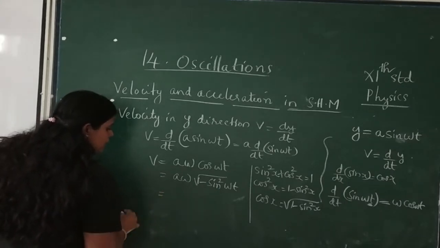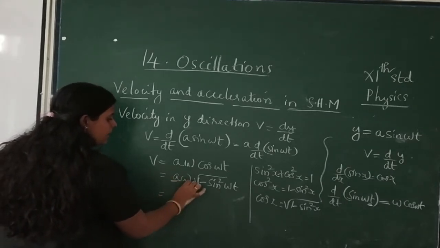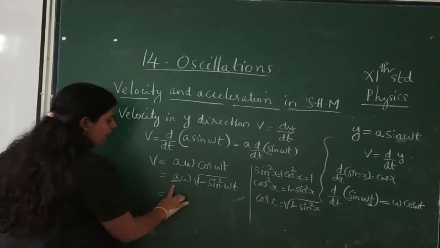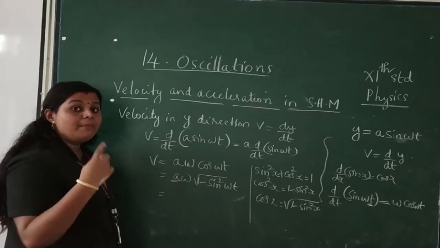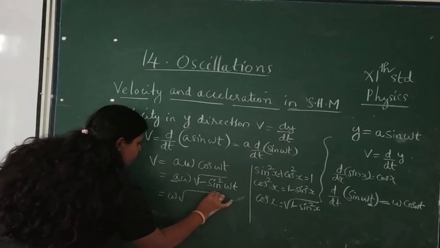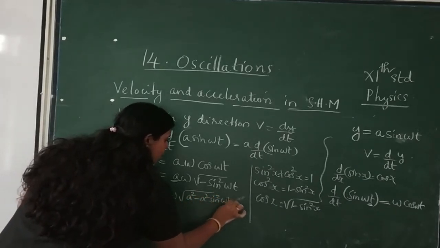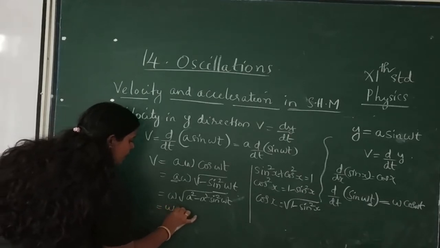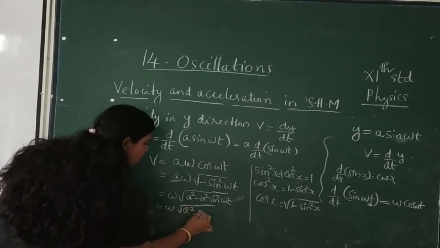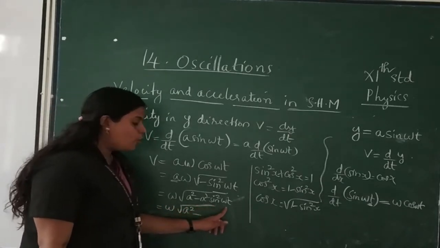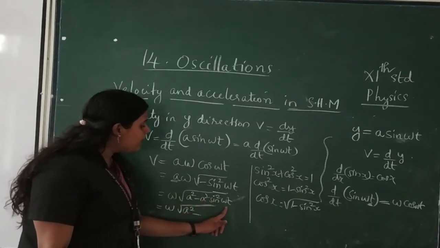So that is equal to, in the next step we can multiply the a into the square root. When a is taken inside the square root, it becomes a square. So omega into root of a square minus a square sin square omega t. That is equal to omega into root of a square minus a square sin square omega t, which we can write as a sin omega t whole square.